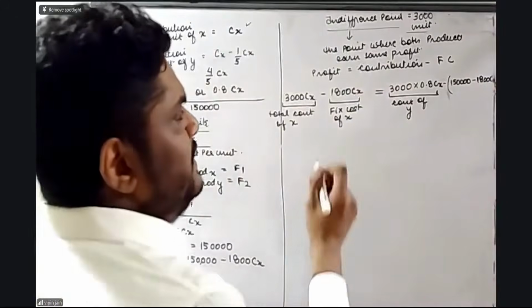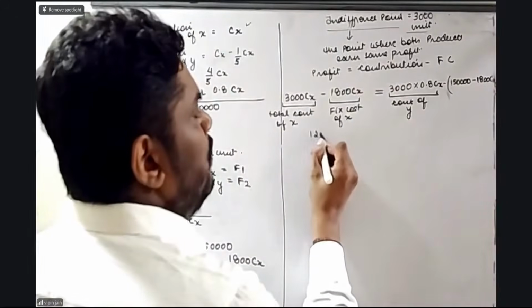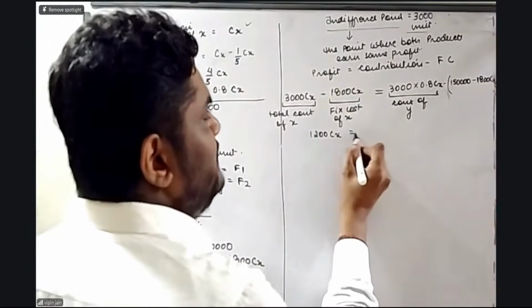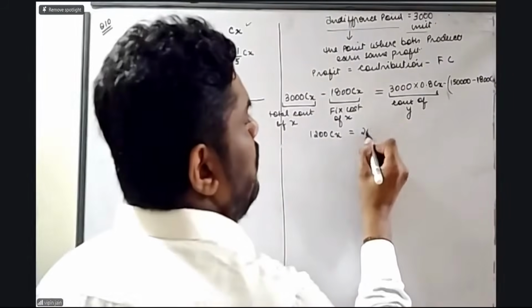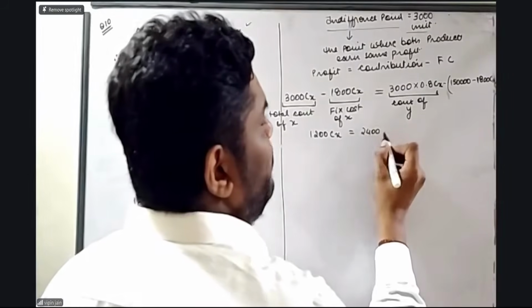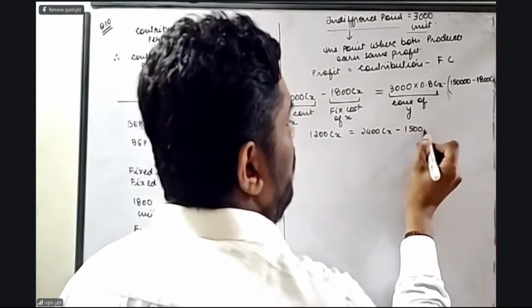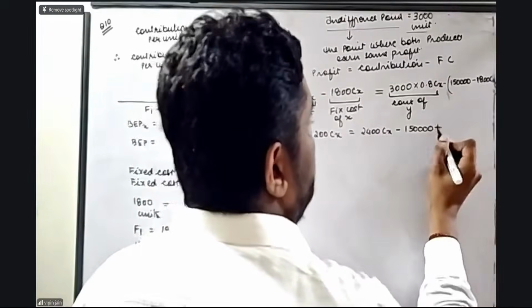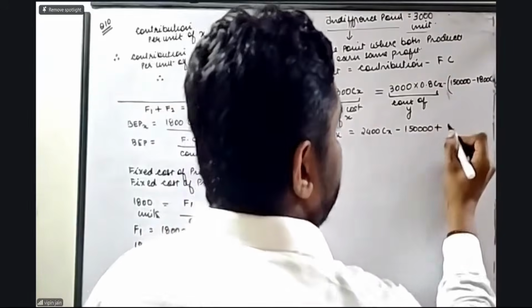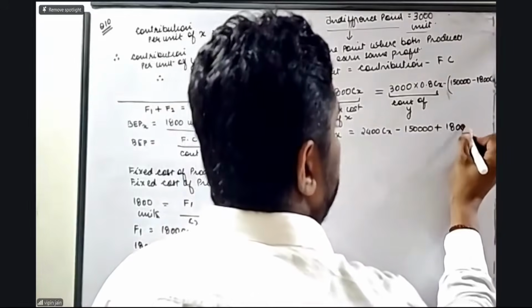So let's solve this equation. So this will be 1200 Cx, 2400 Cx minus 1,50,000 plus 1800 Cx.